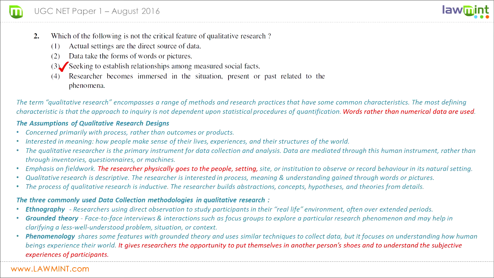Therefore, statement 4 is also a critical feature. The only feature which is not critical in the context of qualitative research is statement 3, which says seeking to establish relationship between measured social facts, because this is more connected with quantitative research. Therefore, we can select option 3 as the correct answer here.